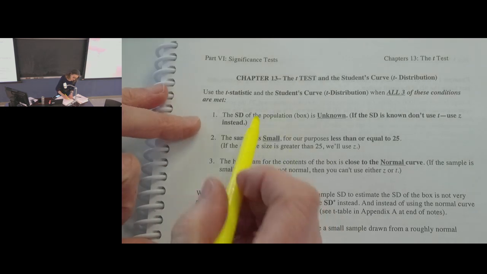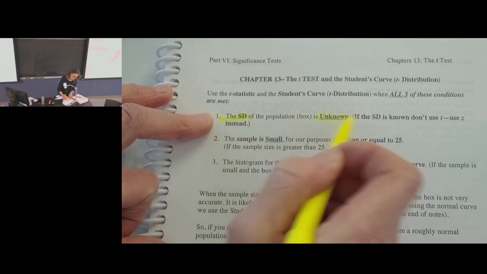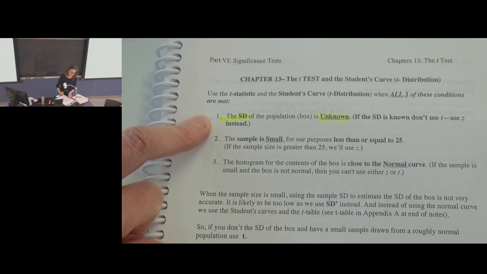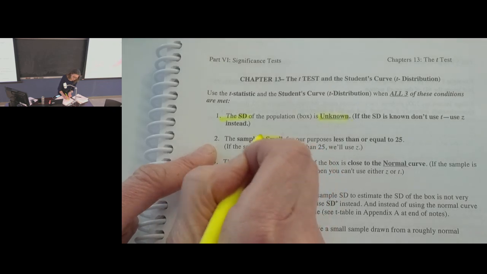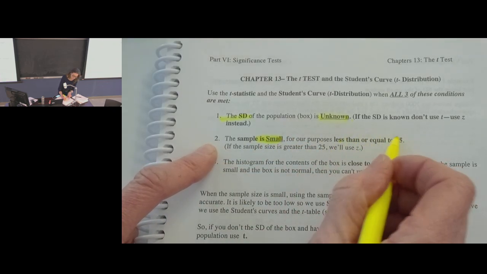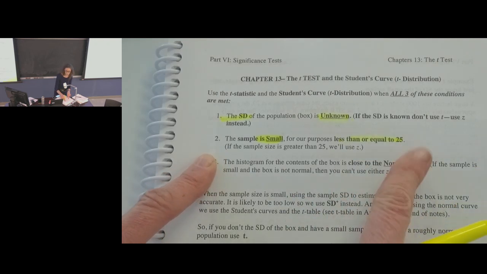All right, so remember, if the SD's unknown, right? If you know it, don't use t. The sample size is small, and we said less than or equal to 25 is just for the purposes of this course. If it's greater than 25, we're going to use z because it's simpler, and the central limit theorem allows us to do that.